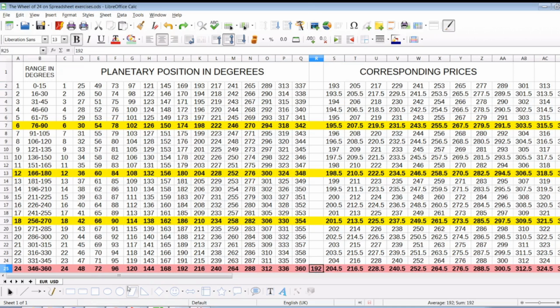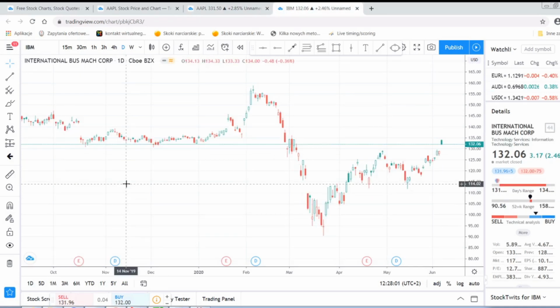Okay, let's make another one. What else have I got? IBM, I think. So in the case of IBM, we got the levels of, what is this? The high over here is 158, and the low, on the very bottom, is 90.